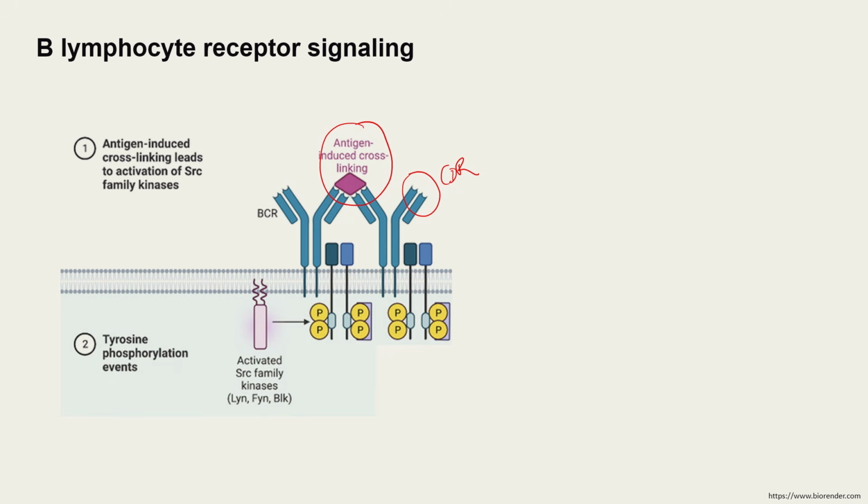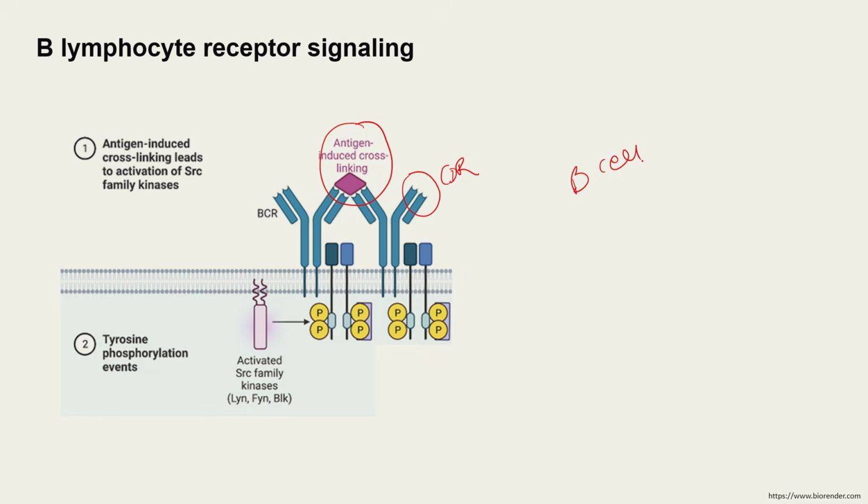So two of the immunoglobulins will come together, and this could lead to the phosphorylation event to happen, and phosphorylation can be done by kinases. Right? We have discussed that these are the protein. Now there are many kinases present in the body, and we are typically trying to understand the kinases which are expressed in B cell.